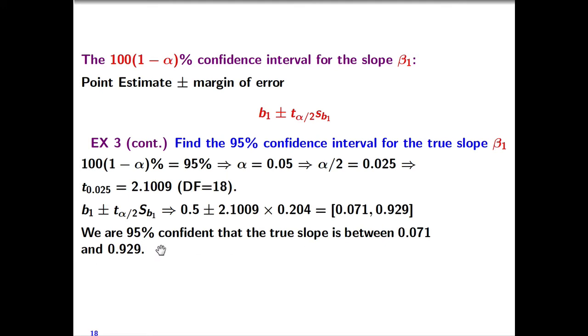So we are 95% confident that the true slope is between 0.071 and 0.929. We don't know where the true slope is, but we know it's between the lower limit and the upper limit. And how sure are we? 95% sure.